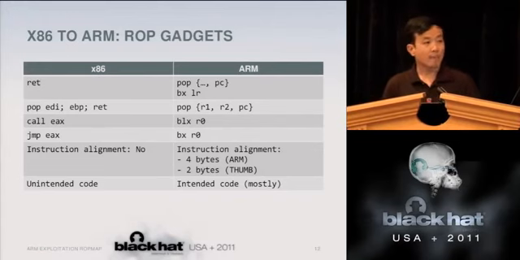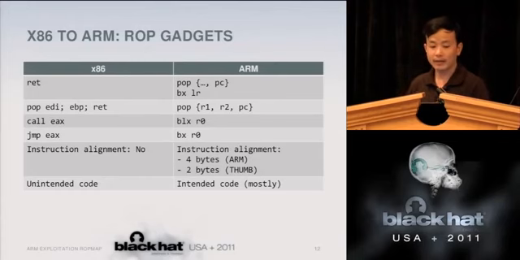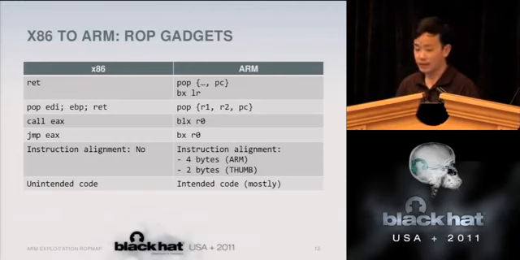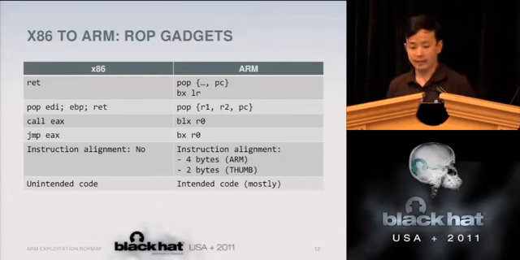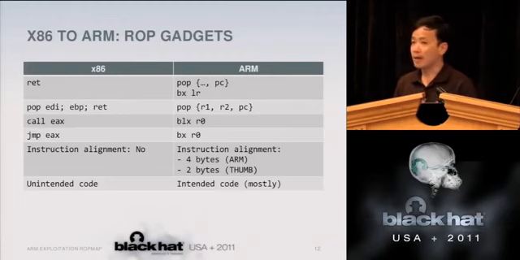For ROP gadgets, on x86 we are looking for the ret instruction. In ARM architecture, the equivalent is pop something, then PC. It can be treated as a ret. BX LR, jump to the link register, works too.